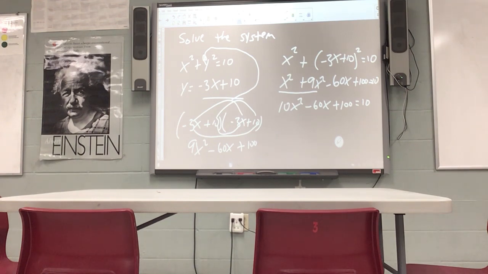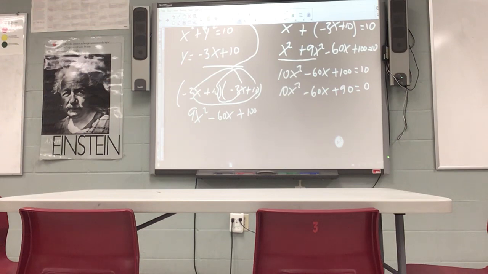Both of those need to be set equal to 0, right? So I would move that 10 over to start with. So I'm going to say 10x squared minus 60x. If I subtract 10 from both sides, that would make plus 90 is equal to 0. Now, it's my personal preference, but it's not required, I would then divide that whole equation by 10 to get smaller numbers that are easier to work with.